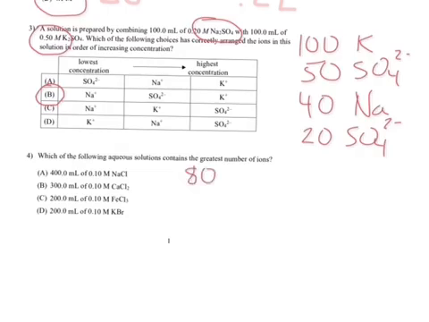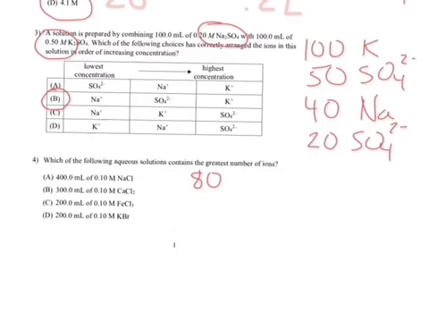When I look at the second one, I can see that I'm going to end up with 30 millimoles of calcium and 60 millimoles of chloride. That gives me a total of 90. When I look at the third one, I'm going to end up with 20 of iron and 60 of chloride.